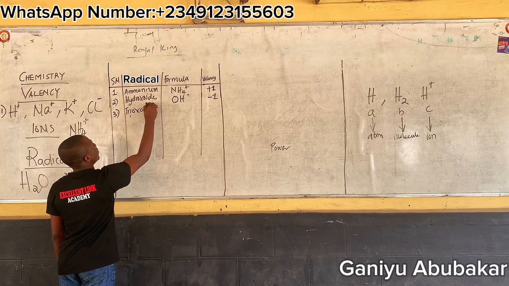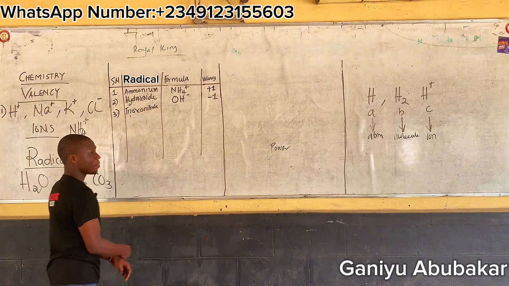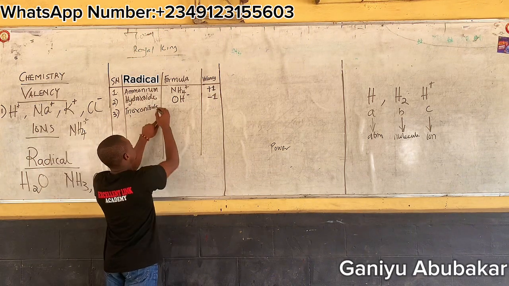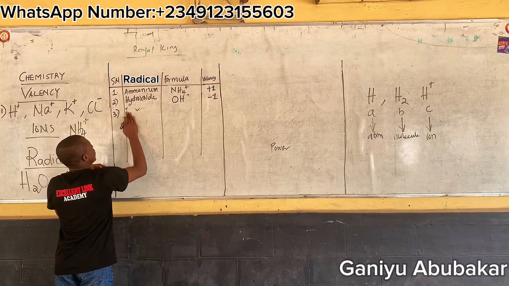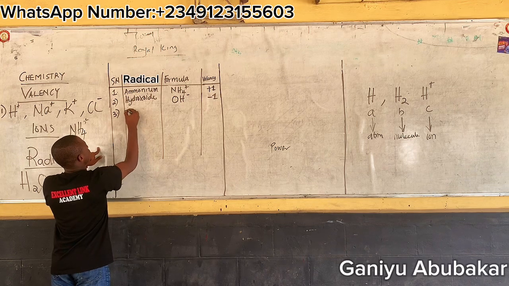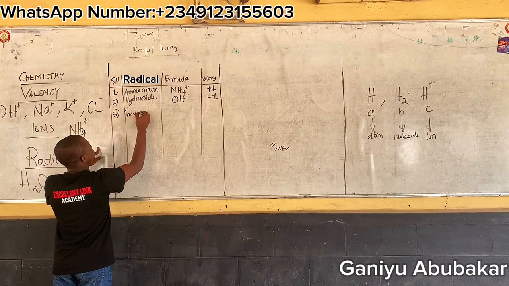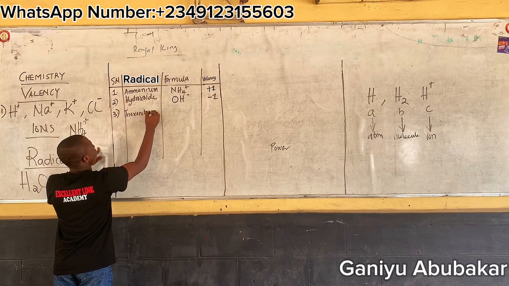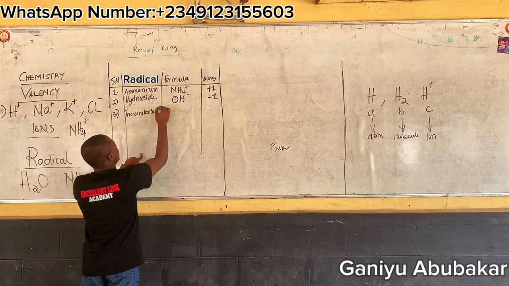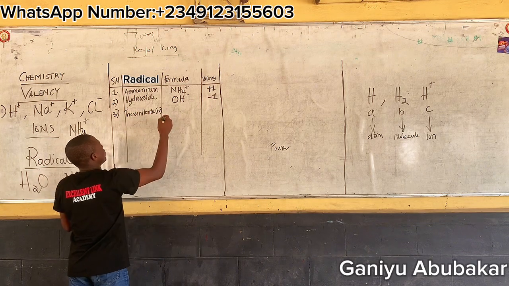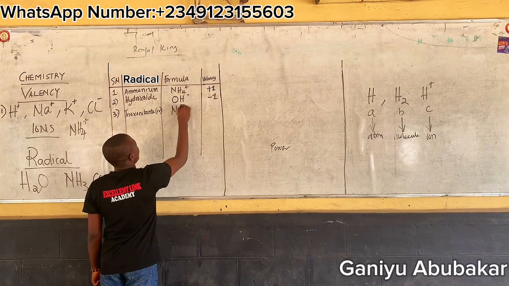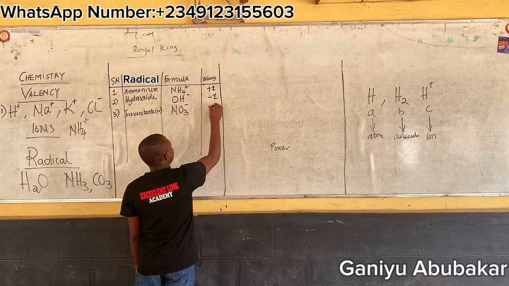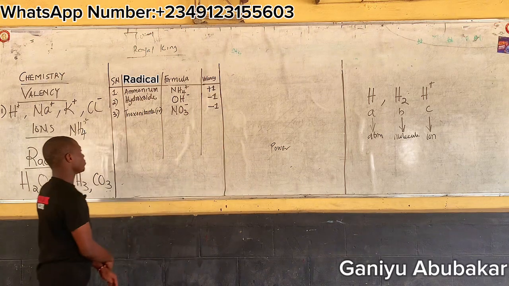Number 3, we have trioxonitrate 5. That's NO3 minus, and minus 1 is the valency.